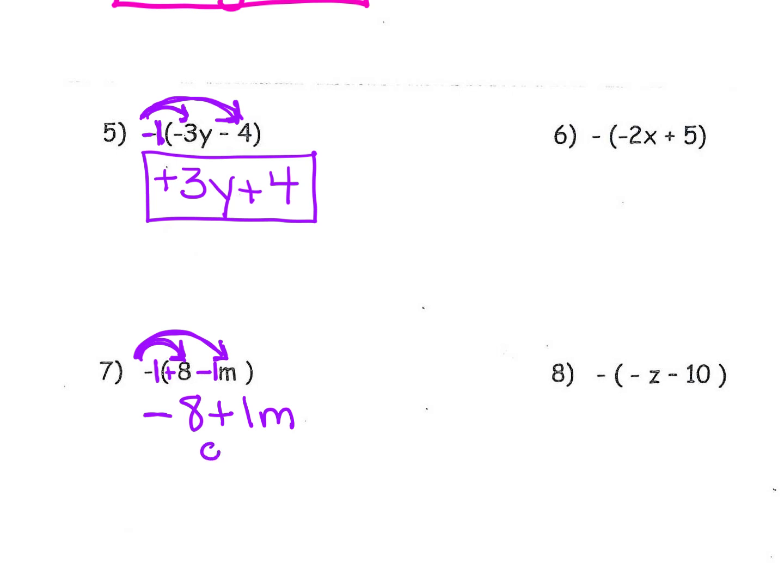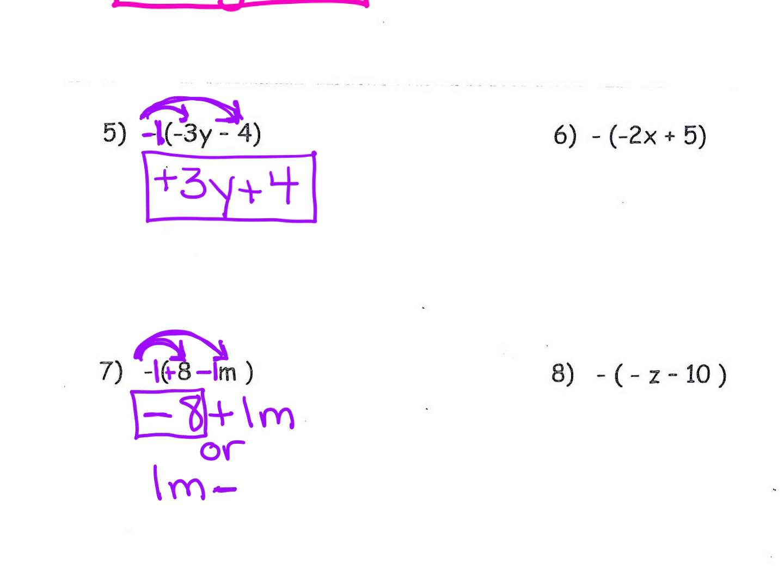Now, if you decide to write this in standard form and take your variable term to the front, this entire term travels together with the positive symbol. Basically, it's positive 1m. And we don't really need to write that positive symbol at the front. And that negative 8 goes to the back.